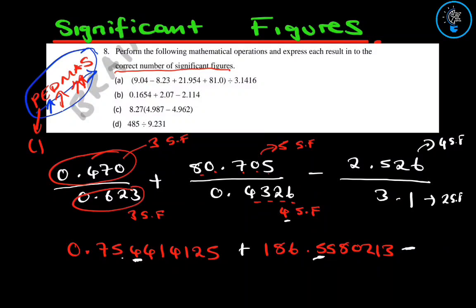Let's punch that into our calculator: 2.526 divided by 3.1 gives us a value of 0.81483871. This one needs to have 2 significant figures, so we end at that point.